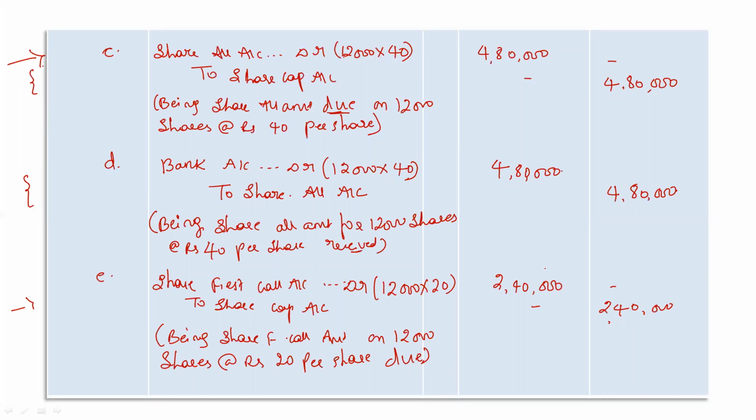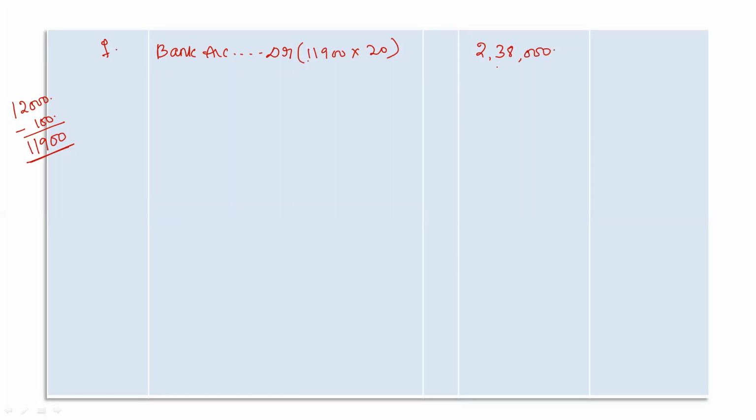So 11,900 into 20 means company received 2,38,000 rupees during first call. You see how much company asked to pay? 2,40,000, but company received only 2,38,000.